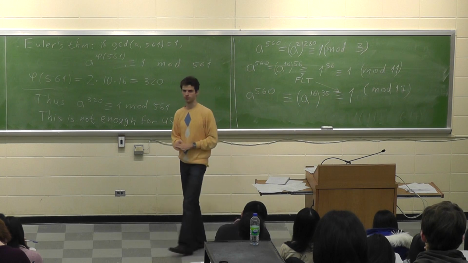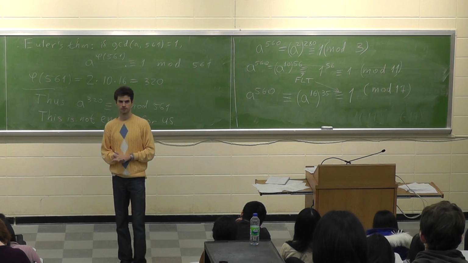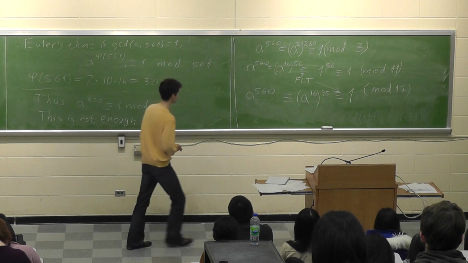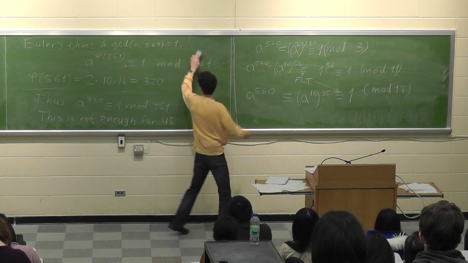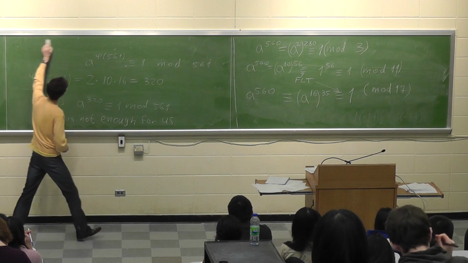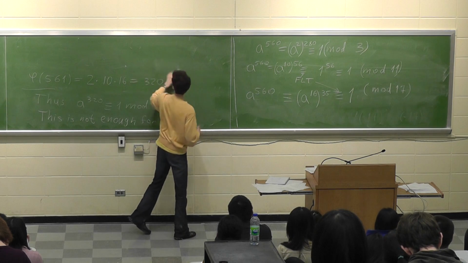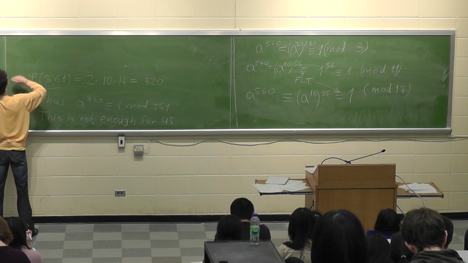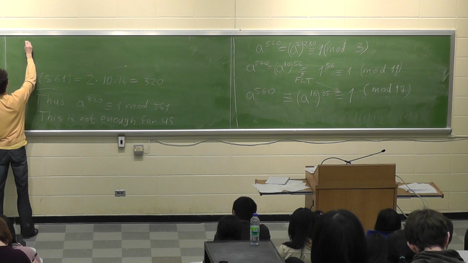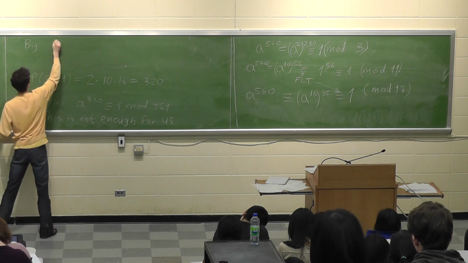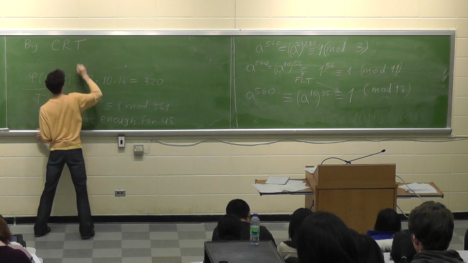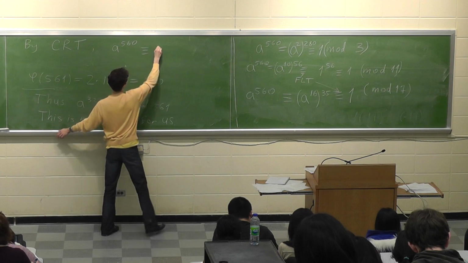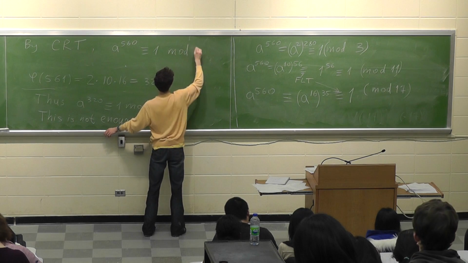We know such a number. Yes, of course. Just take 1. So by the Chinese remainder theorem, a to the power 560 is congruent to 1 modulo the product.